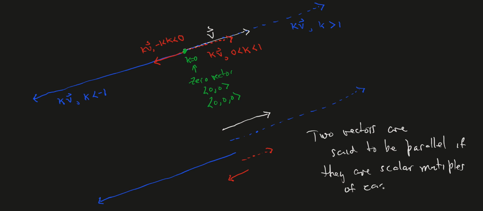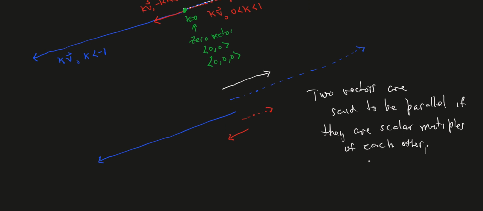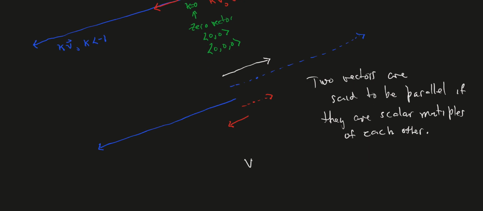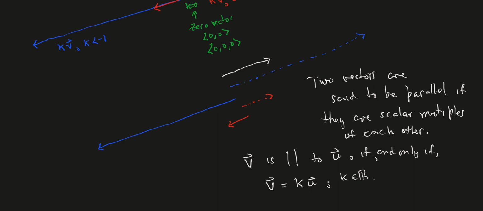That means v is parallel, and I'll use this symbol for parallel, to u if and only if v is equal to some constant times u, where k can be some real constant.